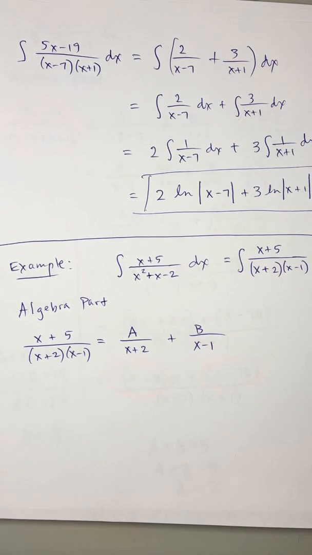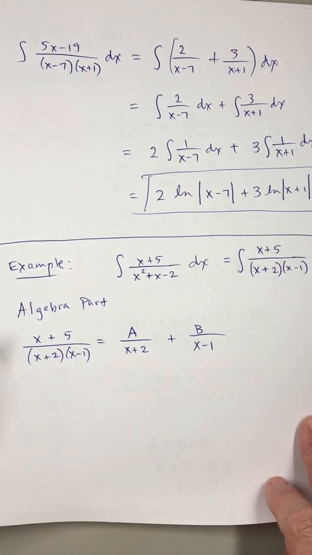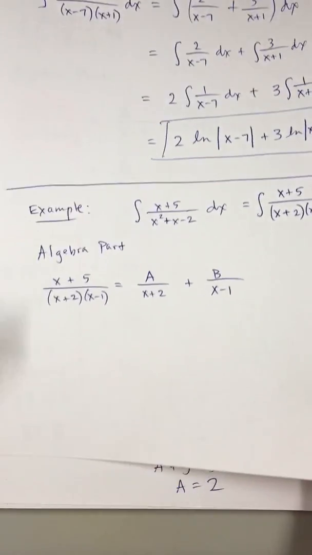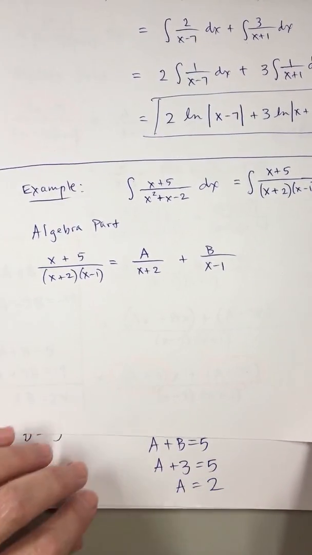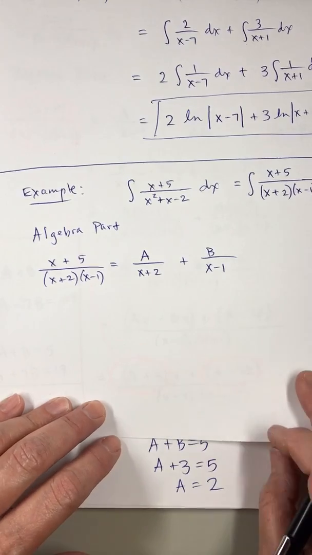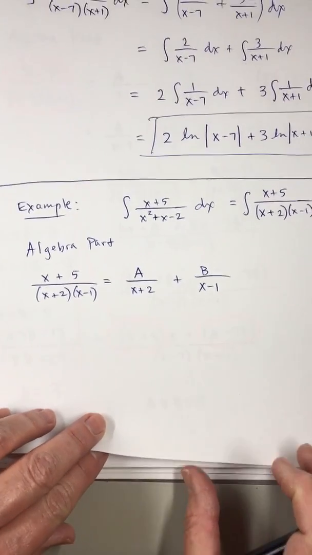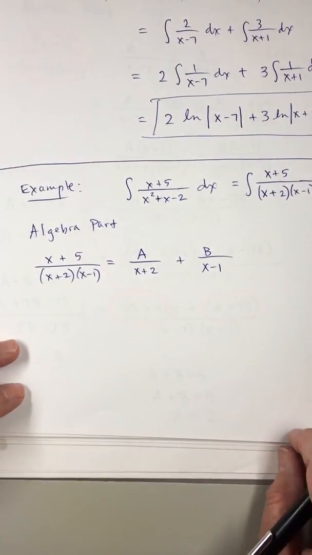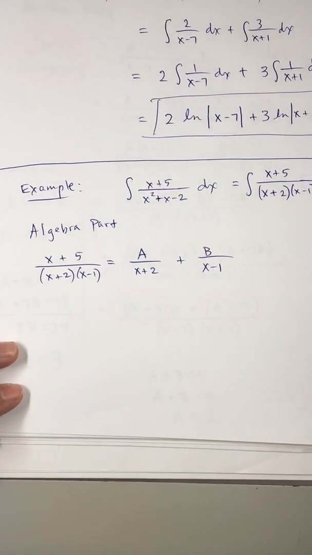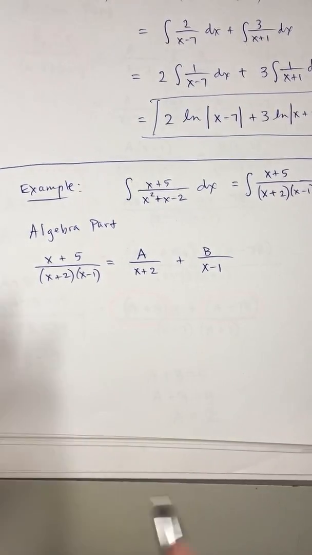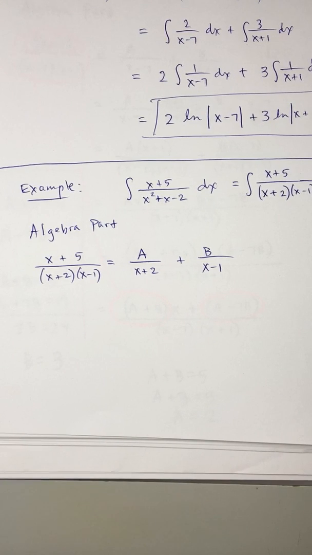Now here's a way you can proceed with this problem. That is a little bit shorter than what I did in the last problem. I'm looking at this and I have the equal sign, so it's an equation.